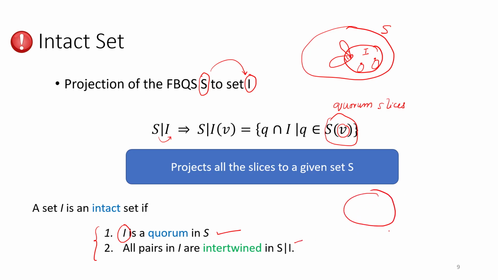That's the reason it's being called an intact set. If I take any two nodes and I take their quorum slices, then there is an intersection at a correct node. And of course, these completely belong within I. So it's like a self-contained universe. So this is an intact set.